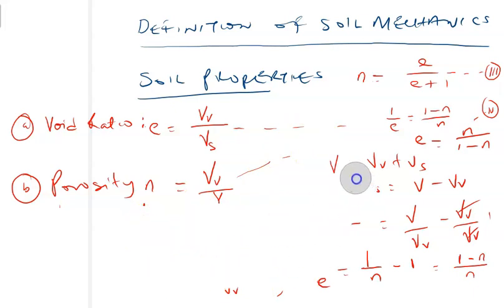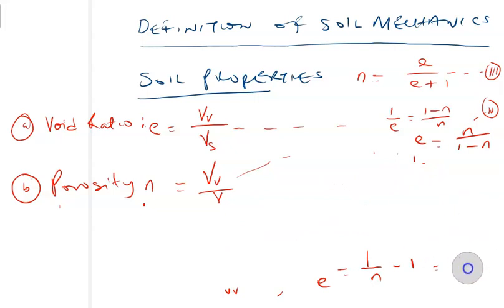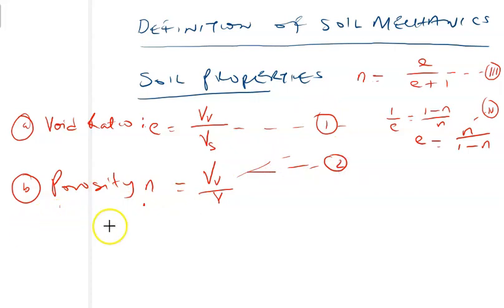So from our various equations, we have now gotten our first, second, third, fourth, and fifth equations. Here, this is equation 1, this one is equation 2, equation 3, where the relationship is N is equal to E over E plus 1.